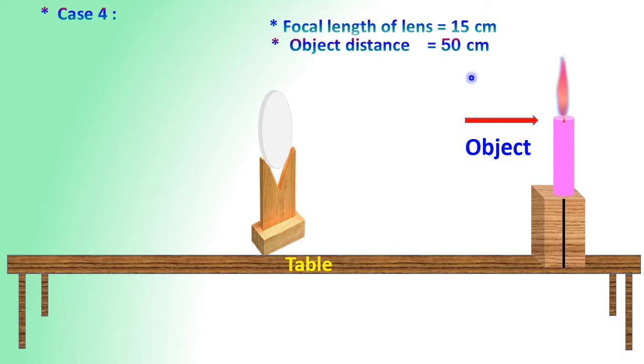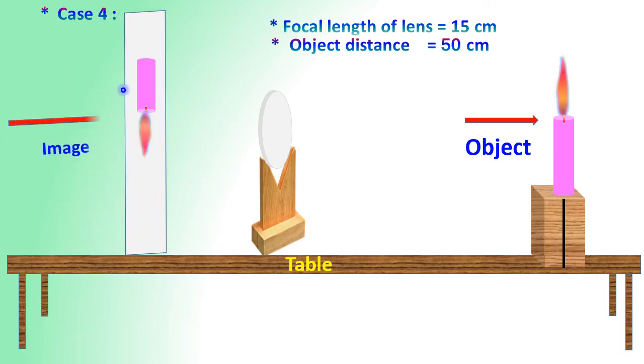Now let us move the screen slowly from the left side towards the lens to obtain a clear image of the object on it. See how I am moving it? Yes, the image has been formed on the screen at this position.